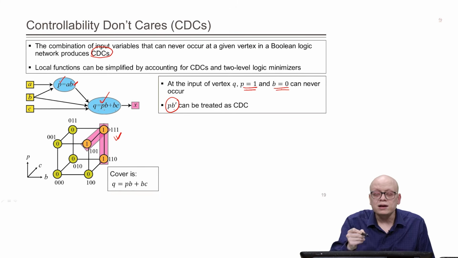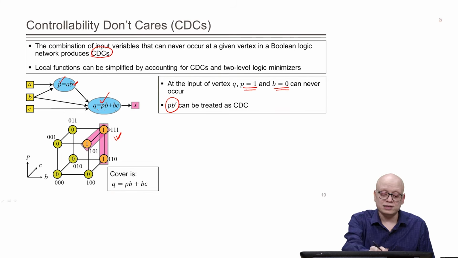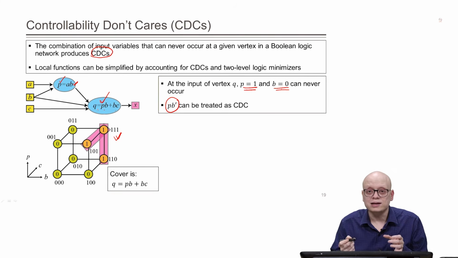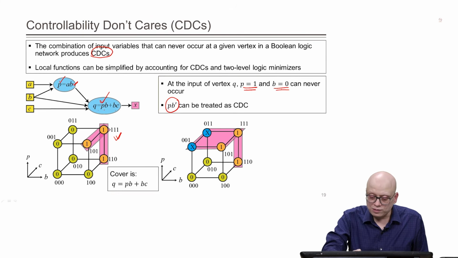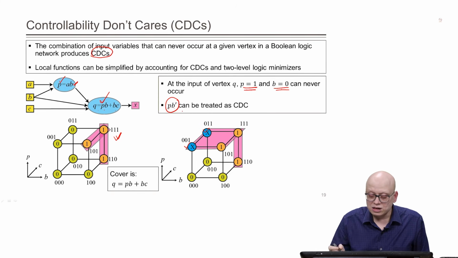Because this combination, p equal to 1 and b equal to 0, can never appear at this node, and this information can be utilized in optimizing the node q. So, for the implicant pb dash we made the don't care condition, right.